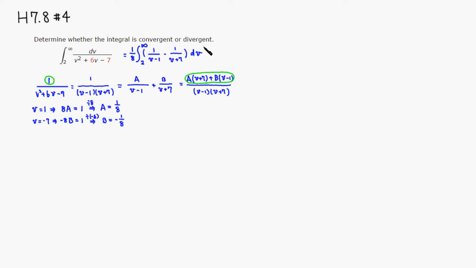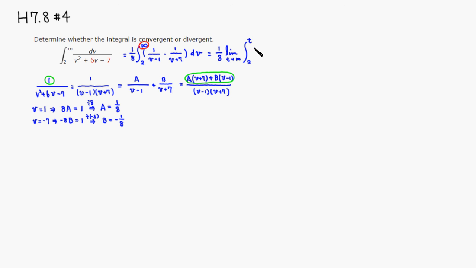Then we have to take care of this infinity. Since this is basically the troublemaker, we're going to replace it by t. 1/8 is just a constant, so I'll put it out here. Then we have a limit as t approaches infinity, and an integral. 2 is okay, but the infinity we replace with t.